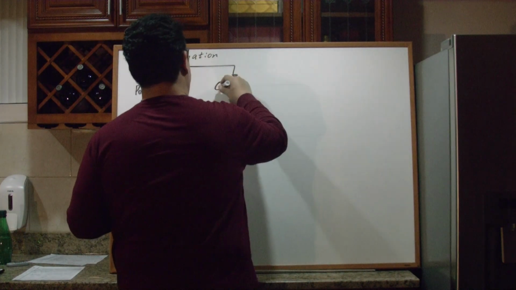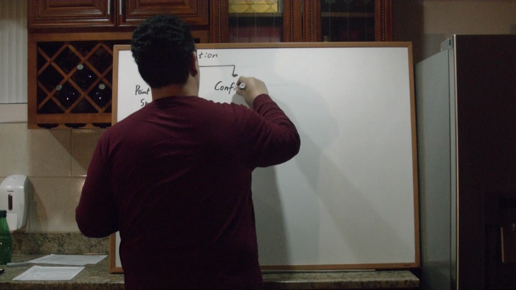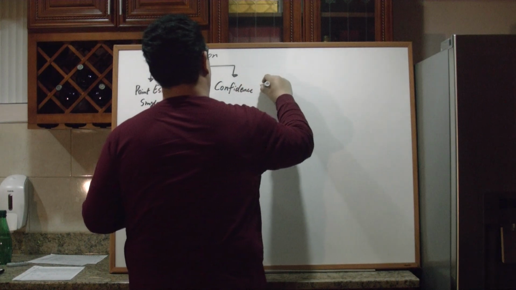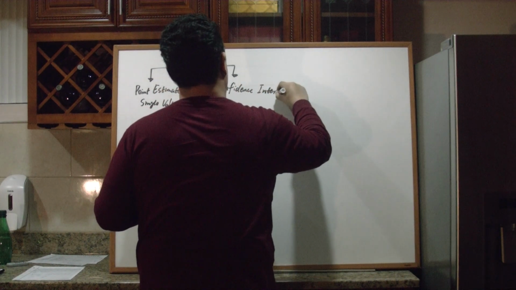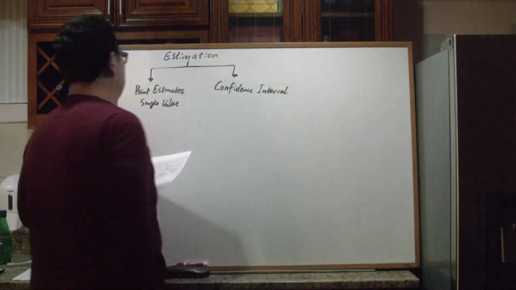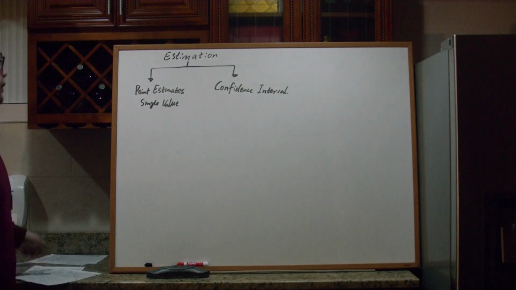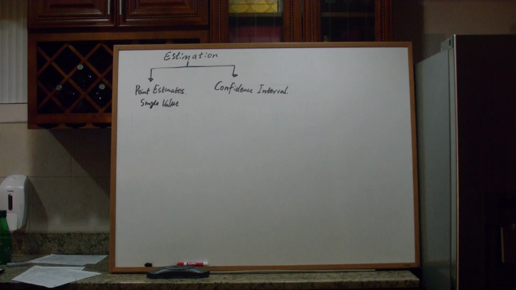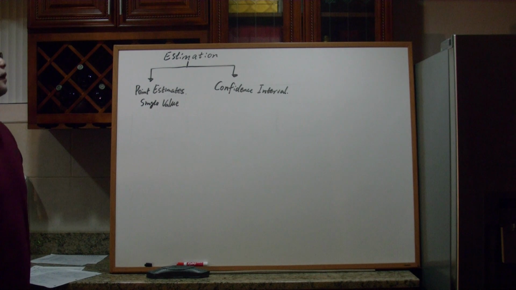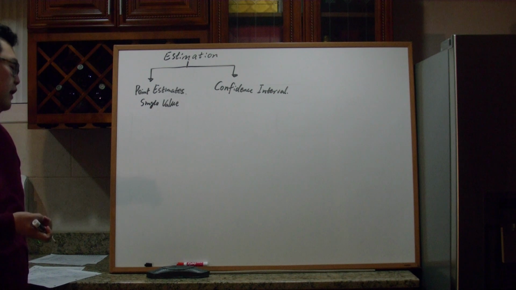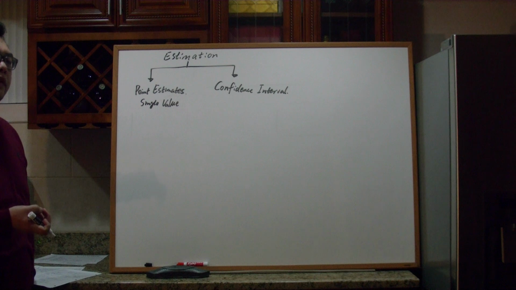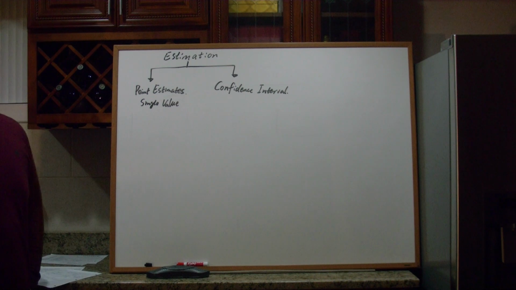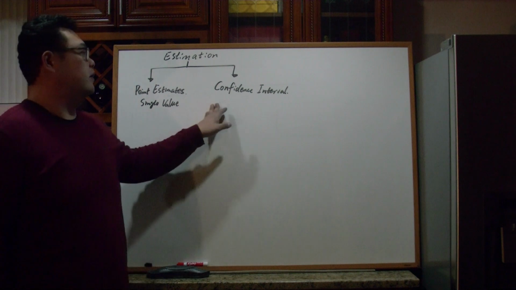And the other technique is called a confidence interval. I know the best point estimate will be the sample statistic, but of course it is very unlikely that the population parameter is actually this point estimate. Then we have something called a confidence interval.